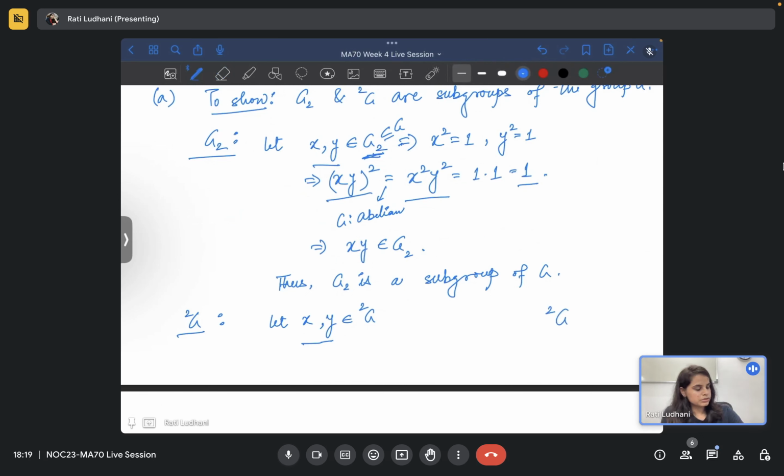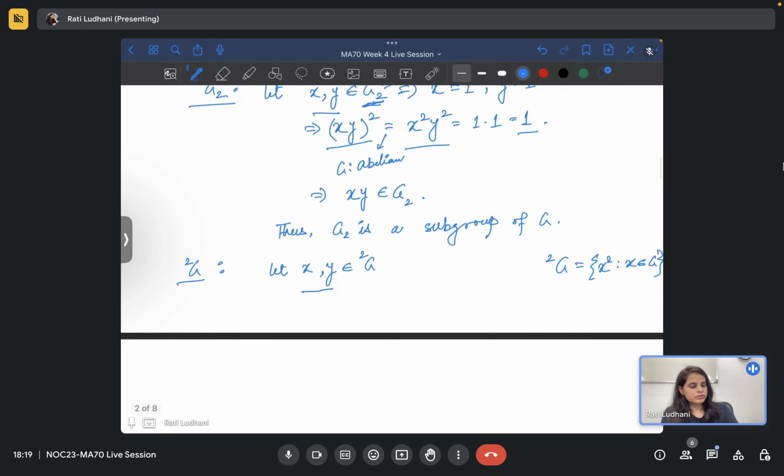So 2G is given to be the set of elements x square. So this is equal to x square where x belongs to G. So every element of 2G is a square of some element of G.